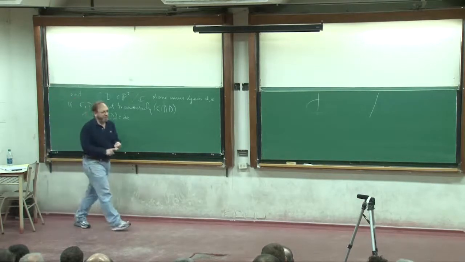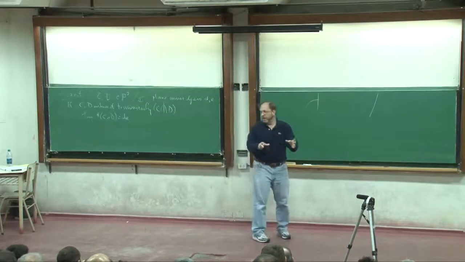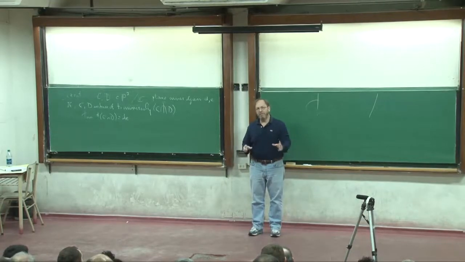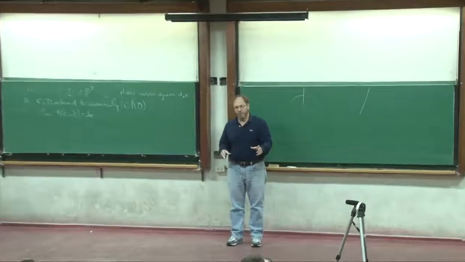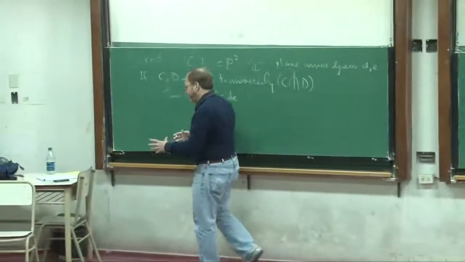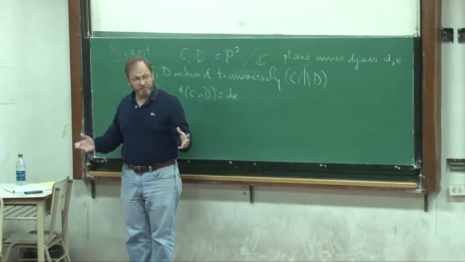So those are two fundamental changes, going from affine space to projective space, and going from the real numbers to the complex numbers, that really fundamentally altered the subject. And they formed basically the foundation of almost all of 19th century algebraic geometry.